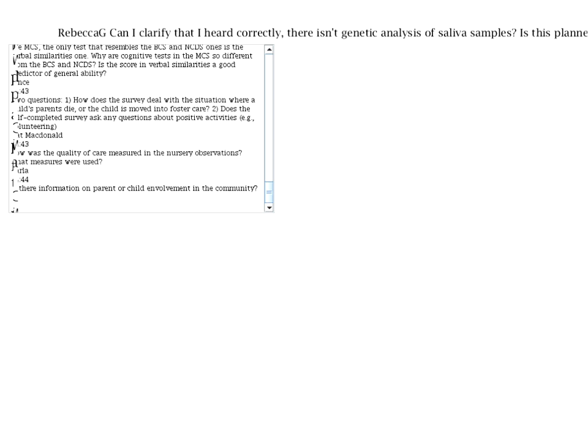And there's a question on the cognitive assessment. Are cognitive tests in the MCS comparable with the other cohort studies? In the MCS, the only test that resembles the BCS and NCDS one is the verbal similarities.